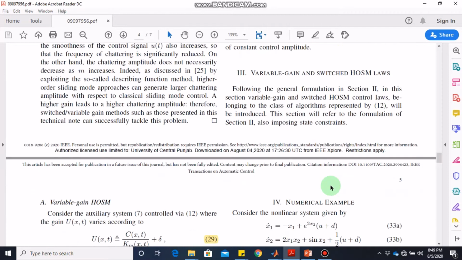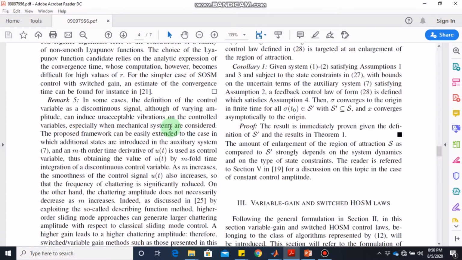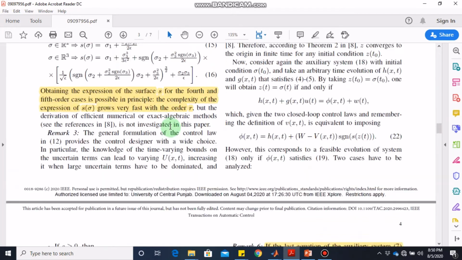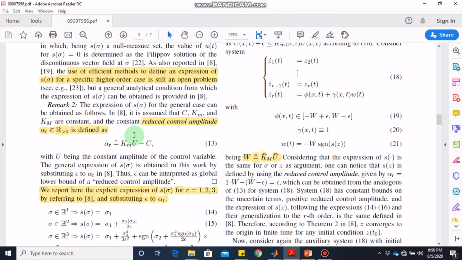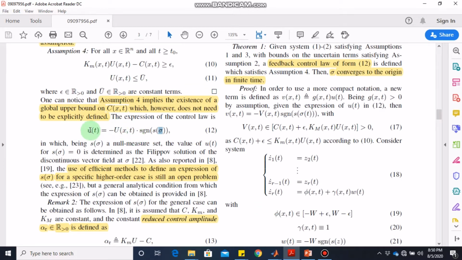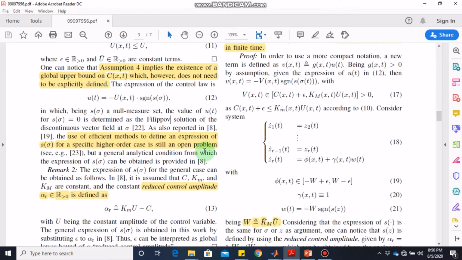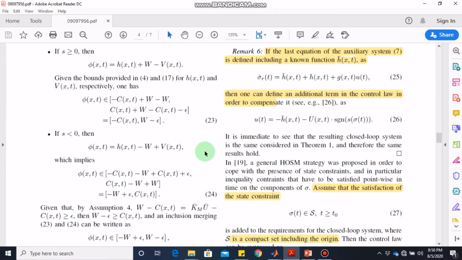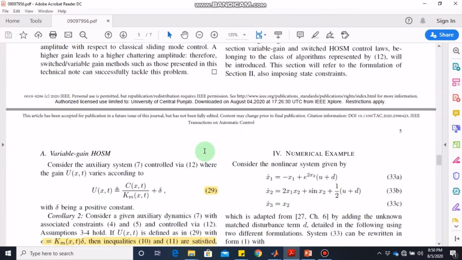So this is section number 3, which is also of interest to us, because in this section they have proposed two specific control laws which basically lie under this general framework. So this is the general framework control law, equation 12: U is equal to minus capital U sign of S of sigma. Under this general framework, there are two controllers that have been developed in this paper.